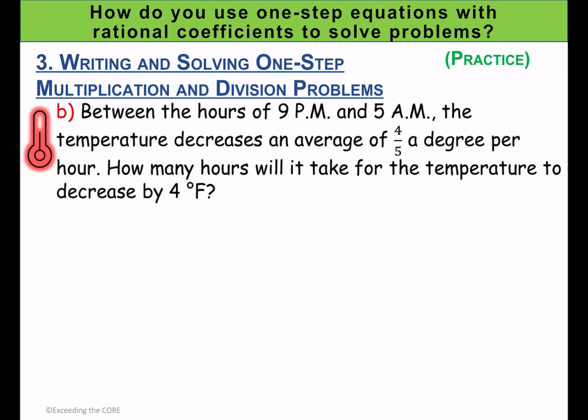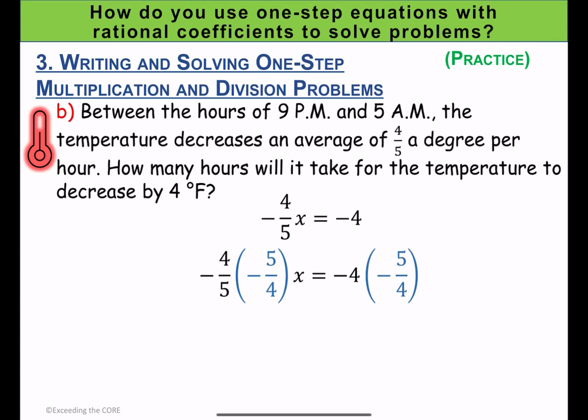And let's look at this next one. Between the hours of 9 p.m. and 5 a.m., the temperature decreases an average of 4/5 of a degree per hour. How many hours will it take for the temperature to decrease by 4 degrees Fahrenheit? So I have negative 4/5 x equals negative 4. So I need to multiply.